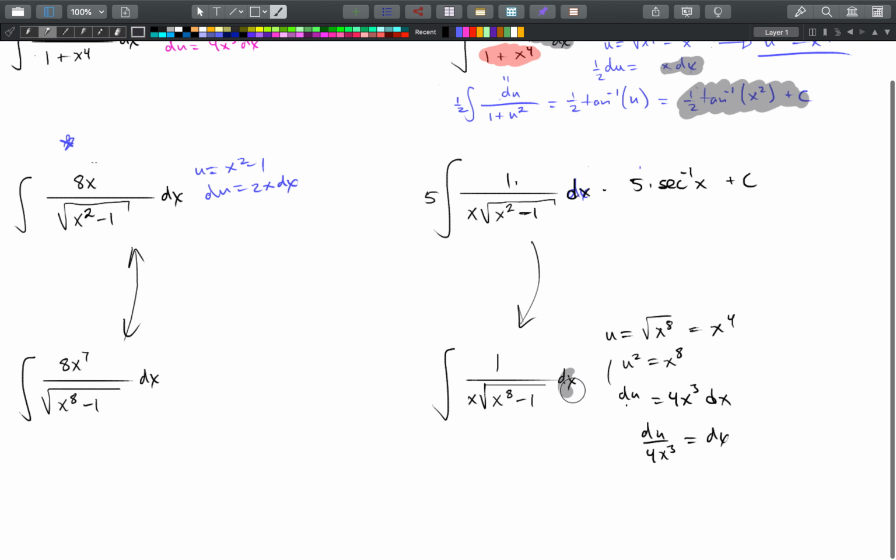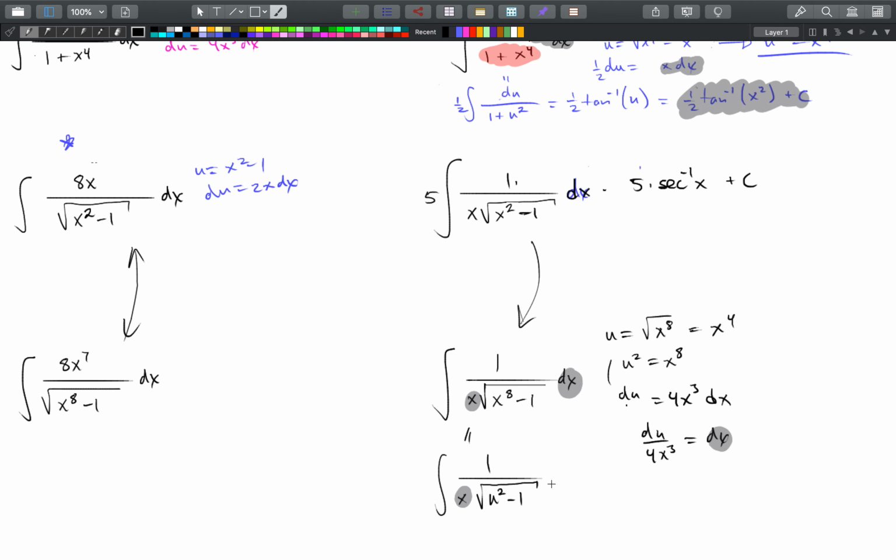Now watch what happens when you substitute this dx in for the given. So here we go. Radical 1 over. It's very important to know that this x did not get substituted out. It should still remain. The square root also did not get substituted out. It should still remain. That x to the 8 is now a u squared. Minus 1 stays.